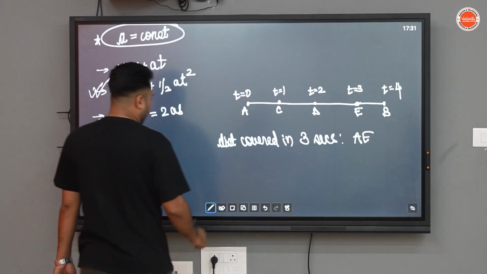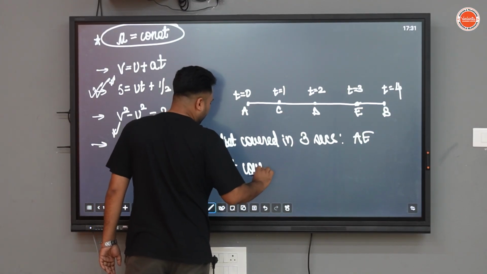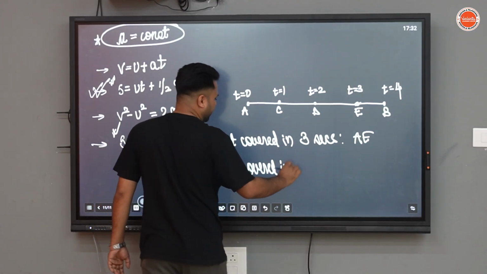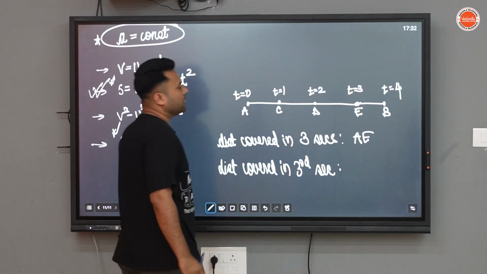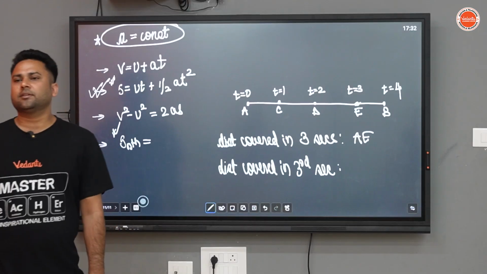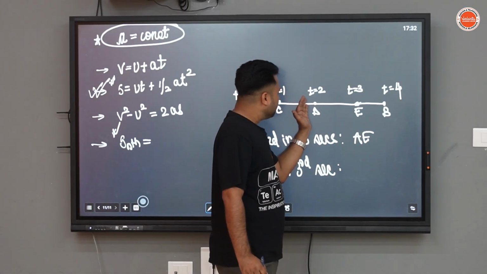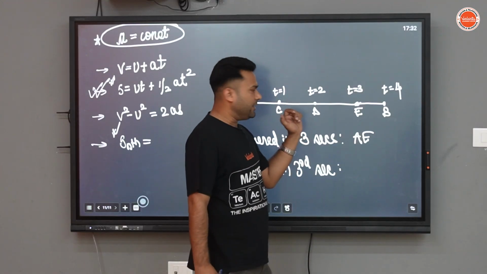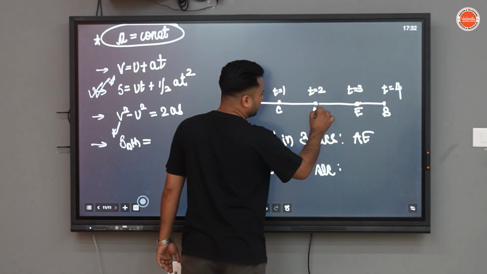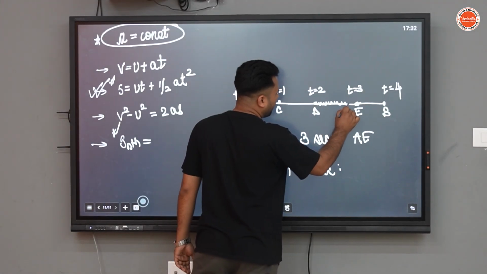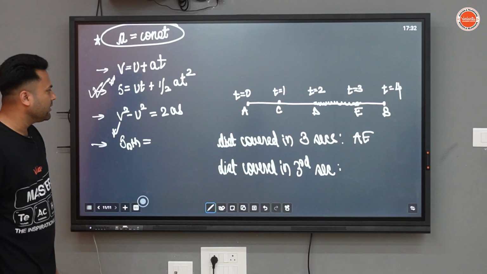But if they ask distance covered by the body in third second, so third second means the distance between the end of second and third second. So basically this is the distance covered in the third second.